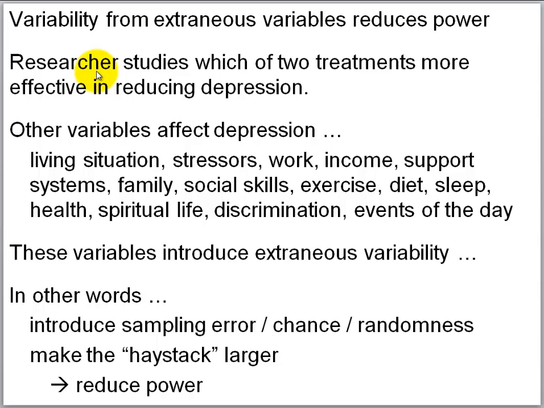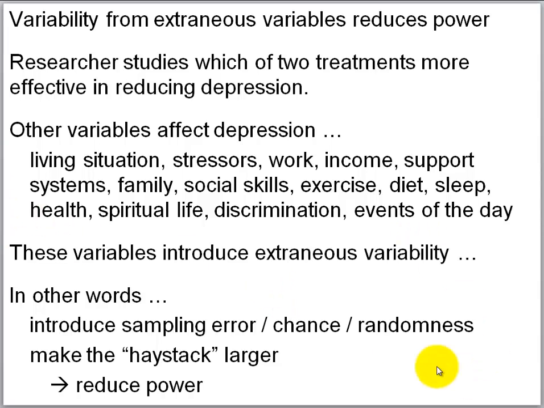One treatment may, in other words, be more effective than the other. But what are other variables in this situation that might affect depression levels for participants in the study? I've listed some here: living situation, stressors, work, income, support systems, family, social skills, exercise, diet, sleep, health, spiritual life, discrimination, events of the day, and I suppose we could go on and make the list much, much longer.